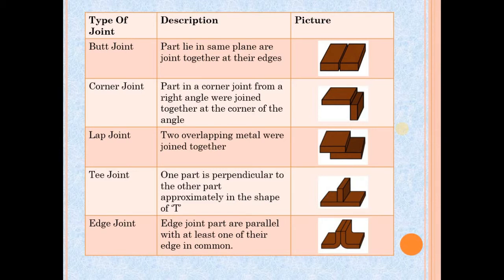For corner joint, the parts form a right angle and are joined together at the corner of the angle. For the lap joint, two overlapping metals are joined together. For the T-joint, one part is perpendicular to the other part, approximately in the shape of a T. And lastly, edge joint. Edge joint is where the parts are parallel with at least one of their edges in common.